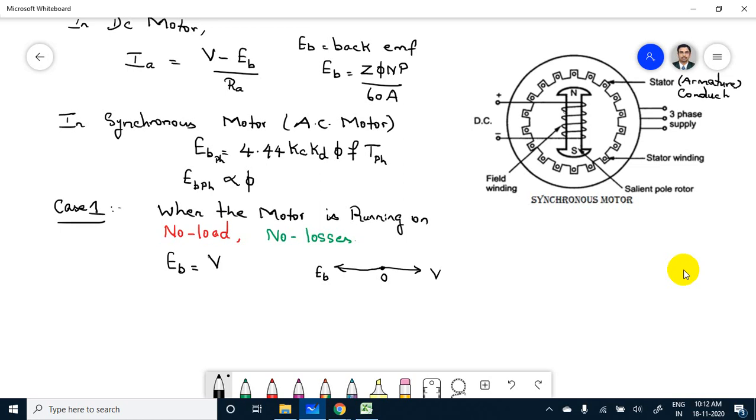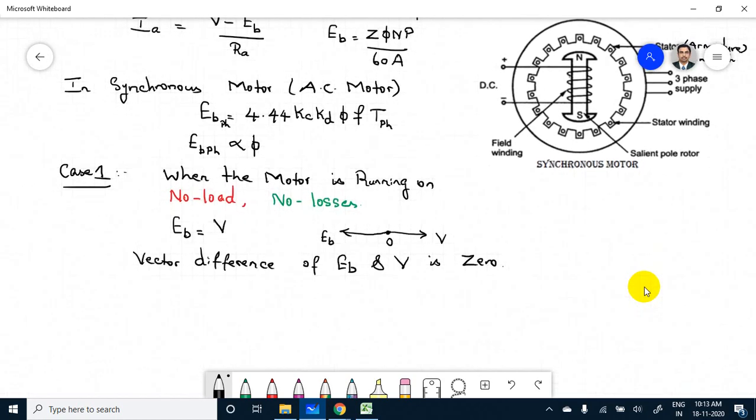EB and V have a vector difference, and this vector difference will be 0, in the case where the motor is running on no load and no losses.